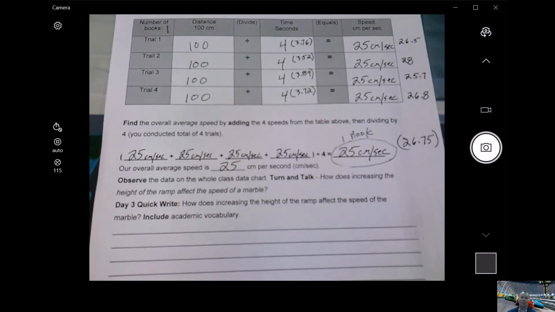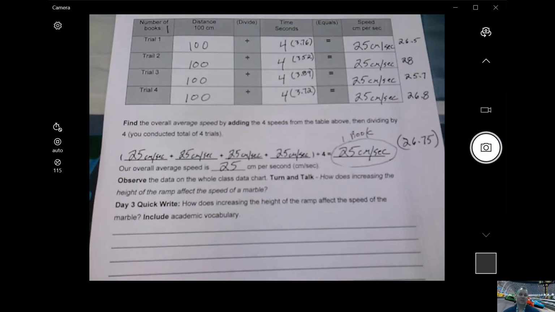Maybe find out one of the groups did something. I had this happen a couple of years ago, and there was a group that was pushing the marble. They weren't just letting the marble go down the ramp. The person rolling the marble actually gave it a little extra force. So when their data came back, we're like, wow, why did it come out a little different?